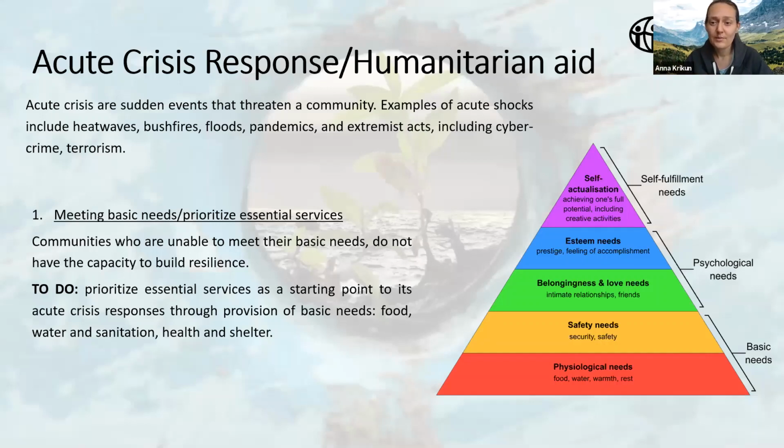Before we are able to meet those basic needs, we will not be able to talk about resilience. We will not be able to build more sustainable infrastructure and human infrastructure in the community. So our first suggestion is to start with basic needs, so the community can later step up to the second phase with security needs and so on, and we can work more on long-term resilience. The next one.